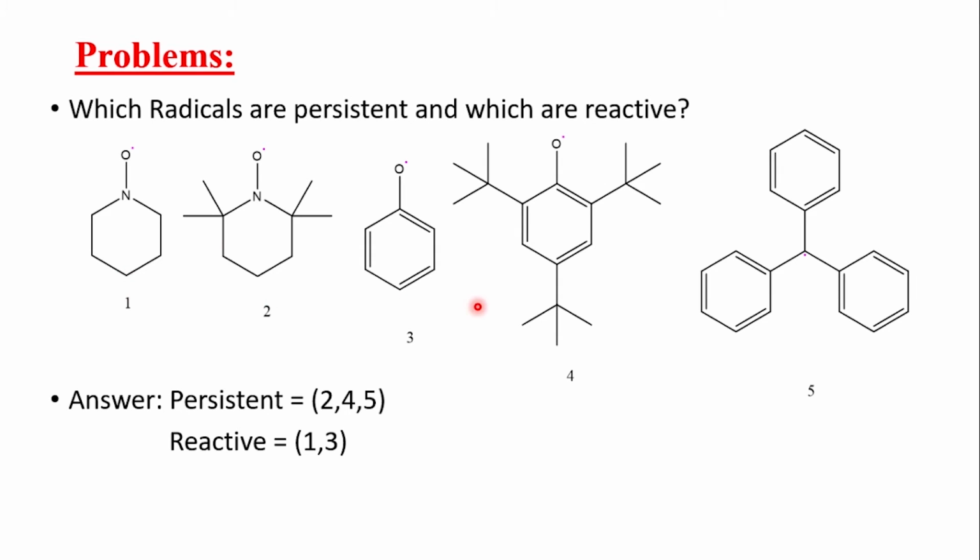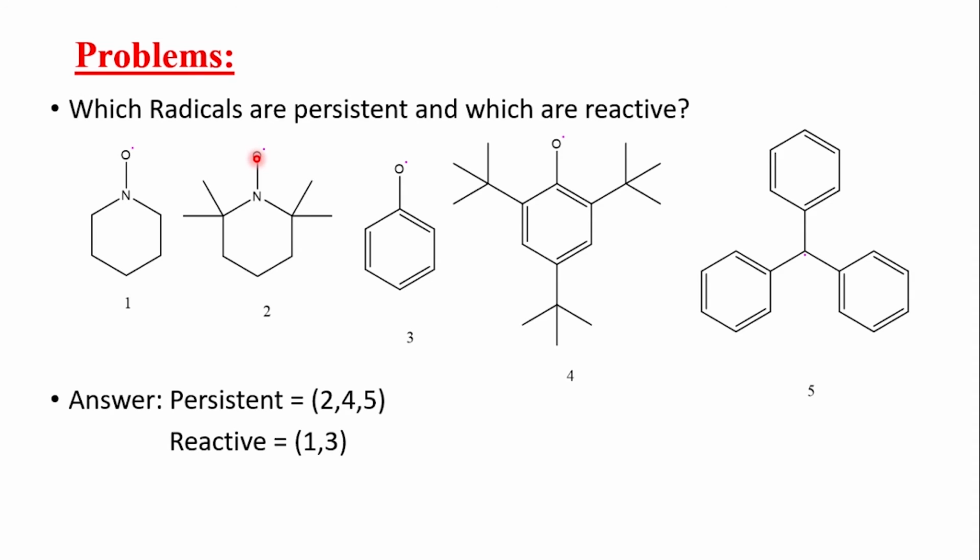So these are the 5 examples, 1, 2, 3, 4, 5. Some of the molecules you can see are sterically crowded, this one and this one, and some of them are not sterically crowded, like 1 and 3. So 1 and 3 are not sterically crowded, so these are the reactive molecules. Here the O radical is sterically crowded by these 4 methyl groups.